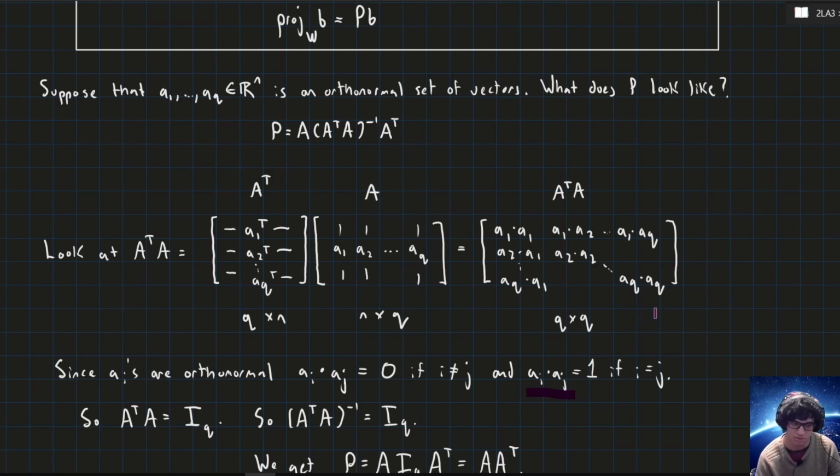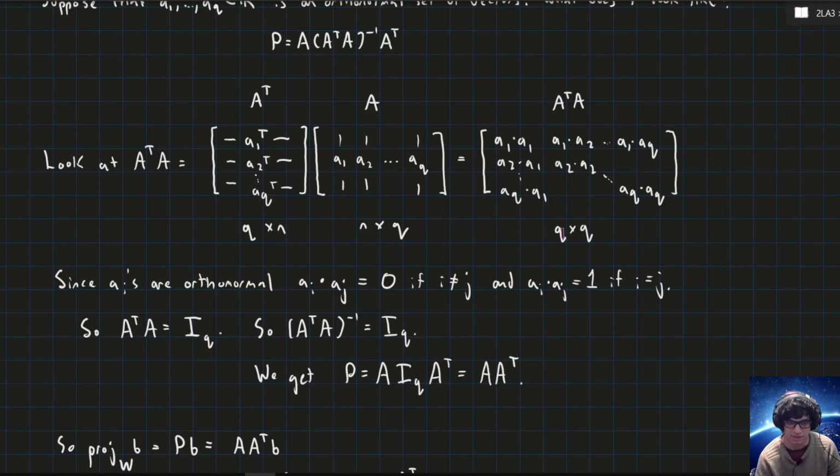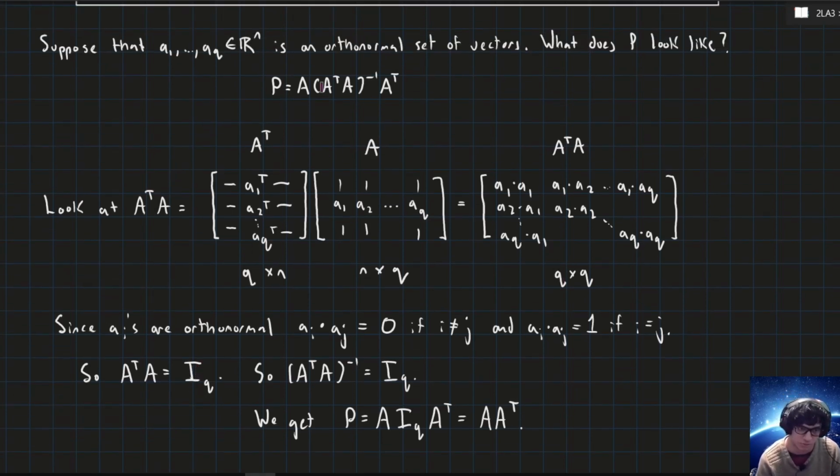So what does that mean? That means that A transpose A is the identity matrix, a Q by Q identity matrix. So that greatly simplifies this. A transpose A is the identity, so the inverse is also the identity.